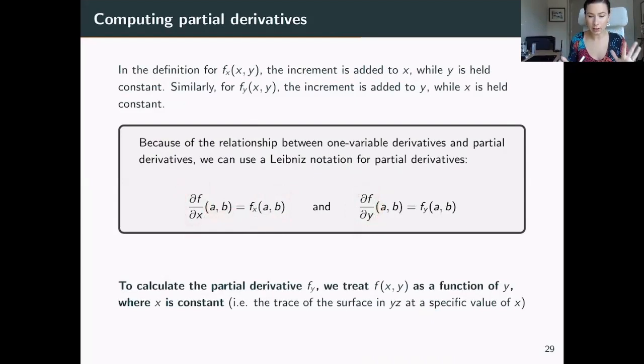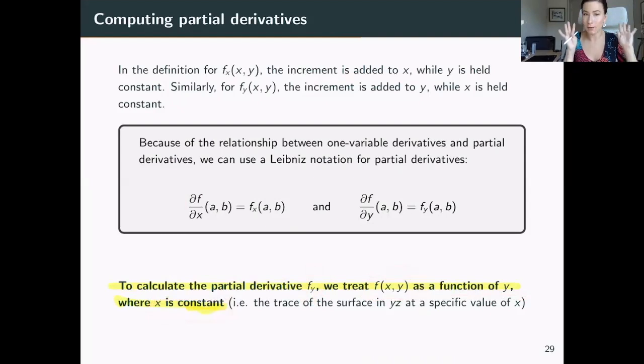The key here, and what we're going to see on the next slide and putting it into practice, is that when we're taking partial derivatives, say we're taking the partial with respect to y, we treat this function as a function of y where our variable x is held constant.